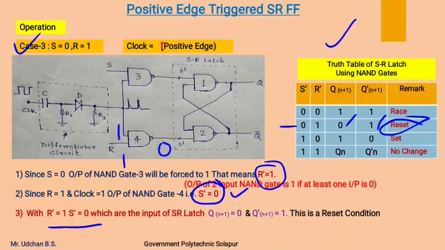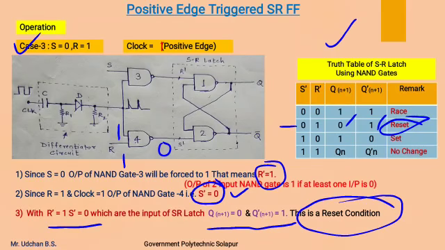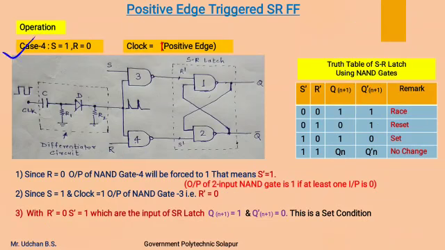Therefore with R dash 1 and S dash 0, which are the inputs of the SR latch, the output will become Q 0 and Q complement 1, which is a reset condition. So we can say that when S is 0 and R is 1 and a positive edge of the clock appears across the flip-flop, then the outputs of the flip-flop get reset, meaning Q will become 0 and Q complement will become 1.